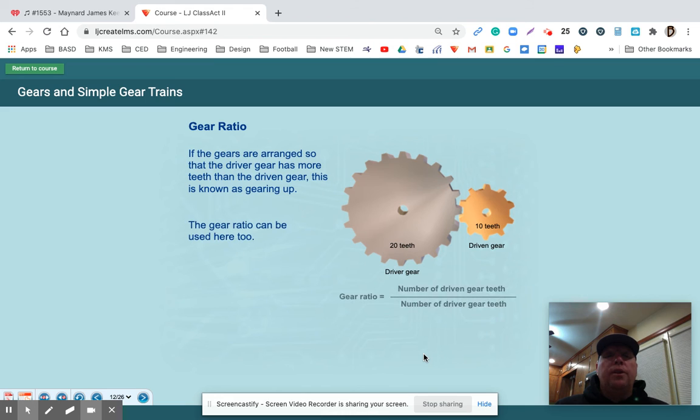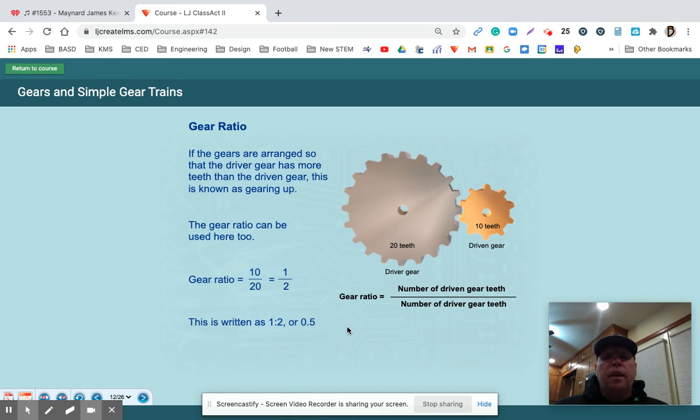The gear ratio can be used here too. So number of driven gear teeth, 10, okay, versus the number of driver teeth, 20. So now we're doing the flip of this. So we're going to reduce this. 10 goes into both. 10 goes into there once. 10 goes into here twice.